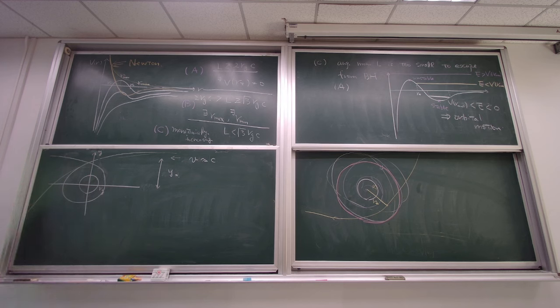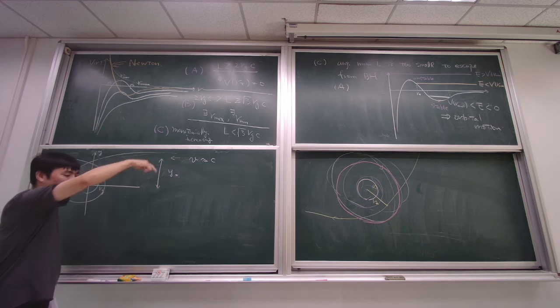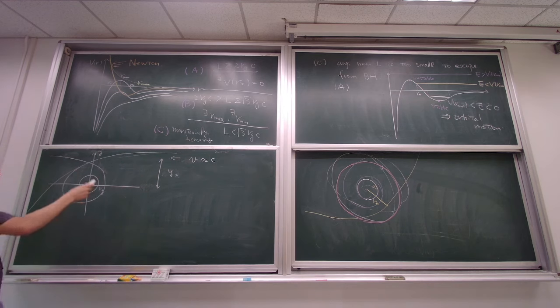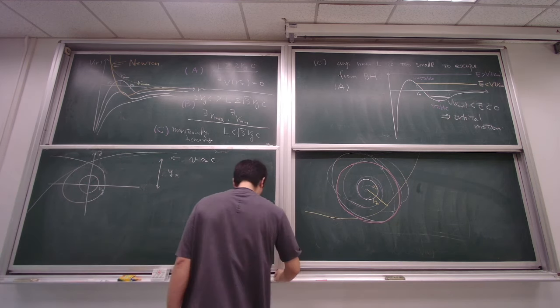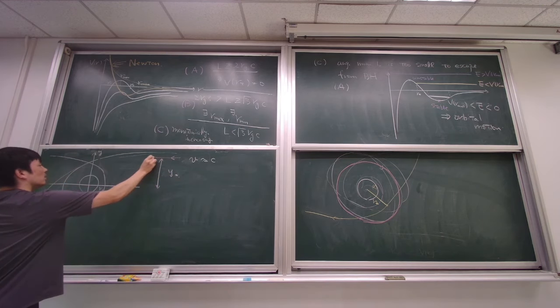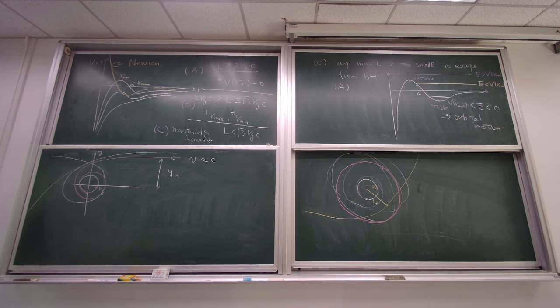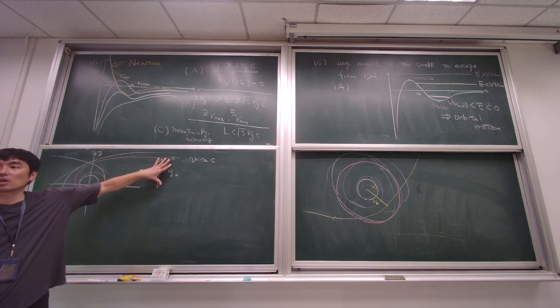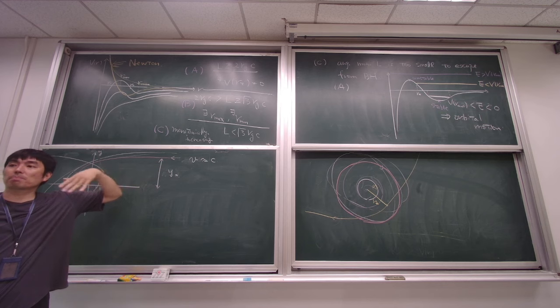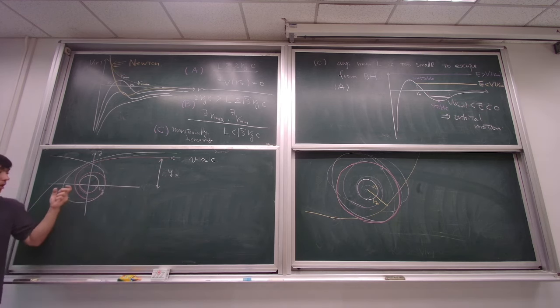But if y star is getting smaller and smaller, at the end of the day it is eventually trapped by the black hole. The question is, what is the critical value of y star so that the particle of infinite energy will be captured into the black hole?